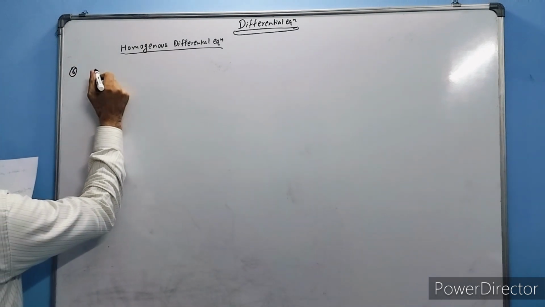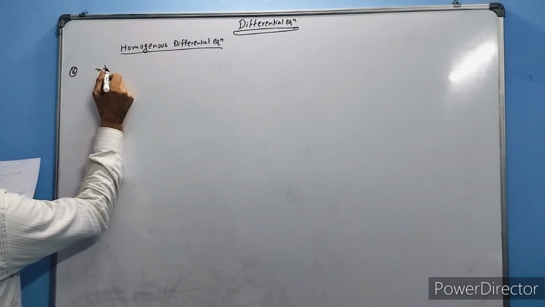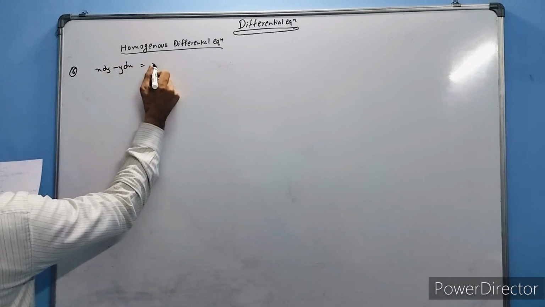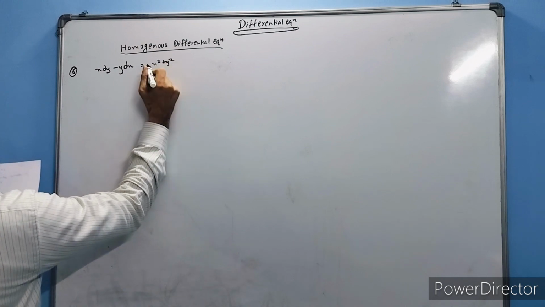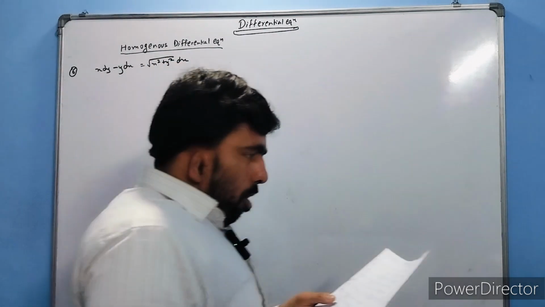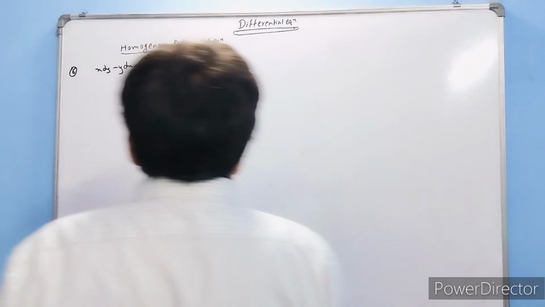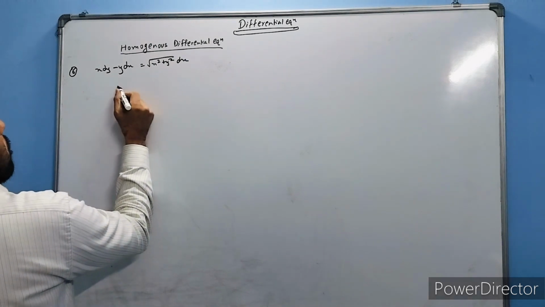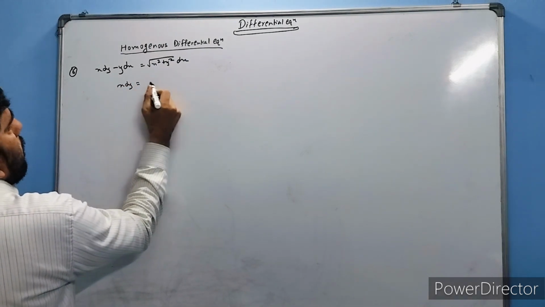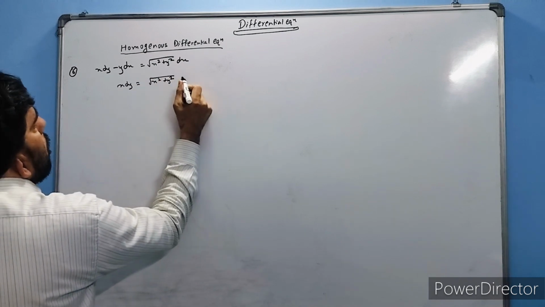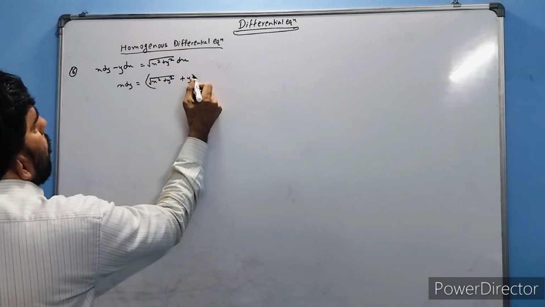I have x dy minus y dx is equal to square root of x square plus y square dx. Okay, so they have made this question a little bit tougher. Let us see how we will be able to solve it. So we can write x dy is equal to square root of x square plus y square plus y, we can take dx.